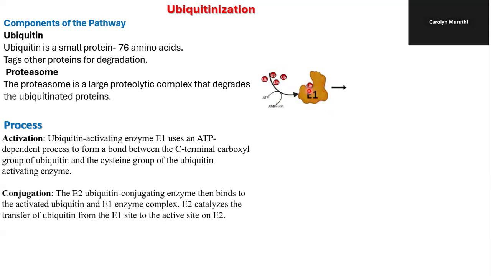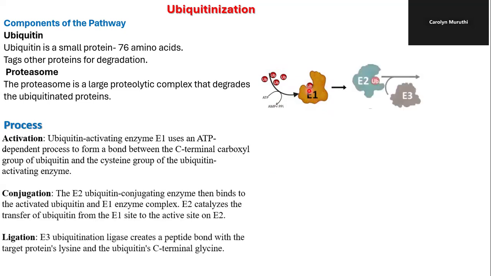This is followed by conjugation, where the E2 ubiquitin conjugating enzyme binds to the activated ubiquitin and E1 enzyme complex, and E2 will catalyze the transfer of ubiquitin from the E1 site to the active site on E2.